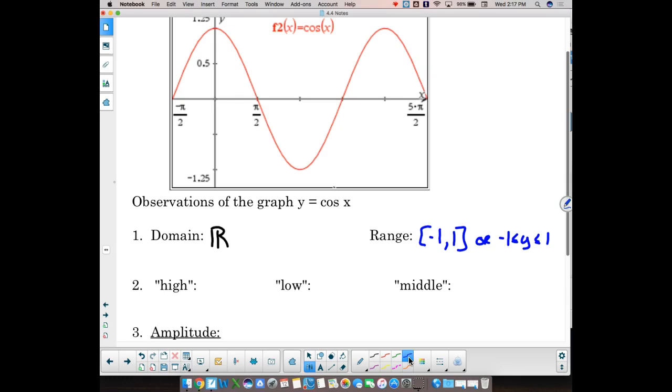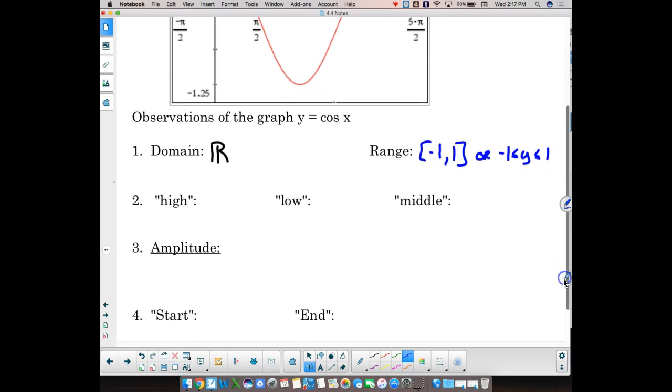Maximum value of cosine. So the high. 1. Minimum value of cosine. The low. Middle of cosine. Amplitude of cosine.